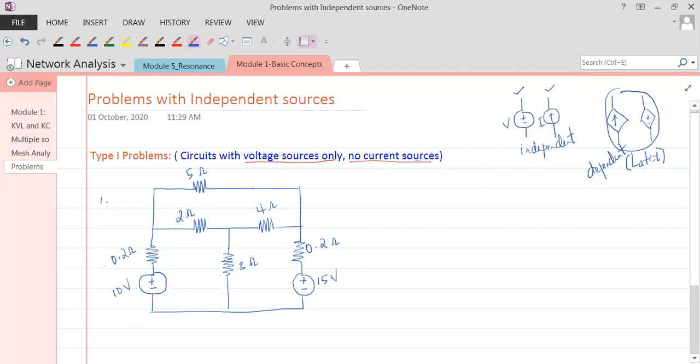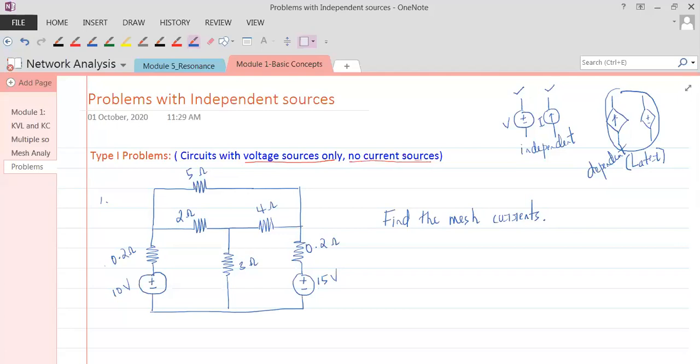What they have asked us is to find the mesh currents. If we have to find the mesh currents, what do we need to do?